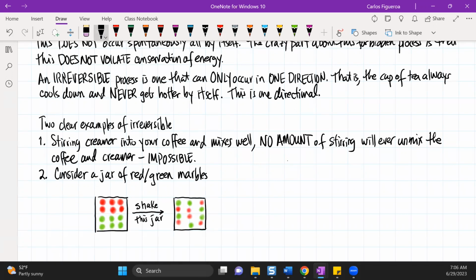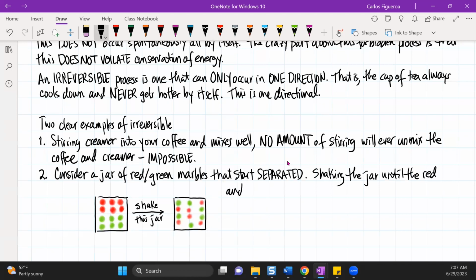So now I have a jar of marbles that start separated.